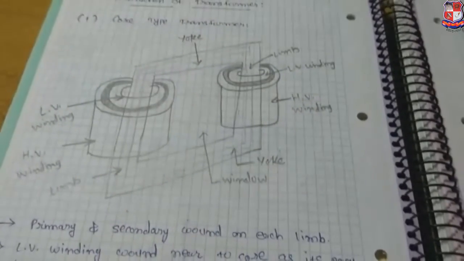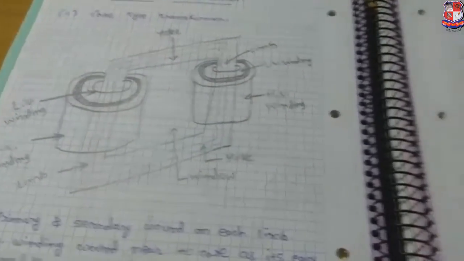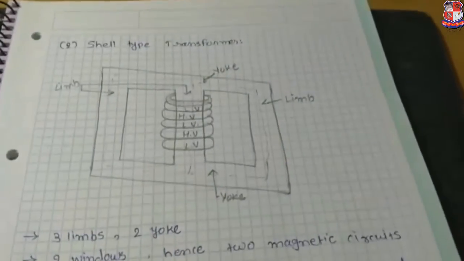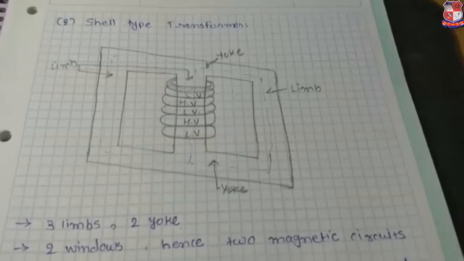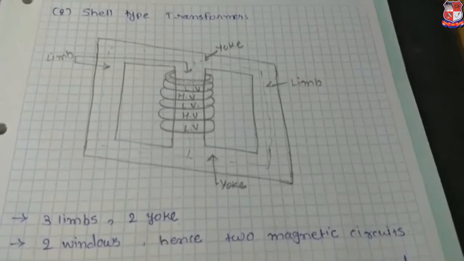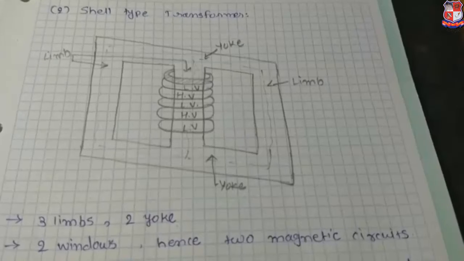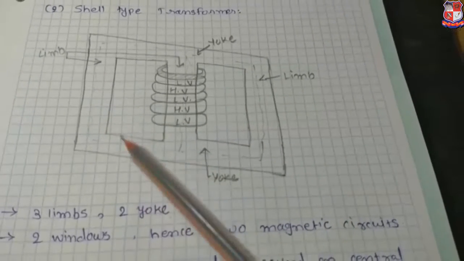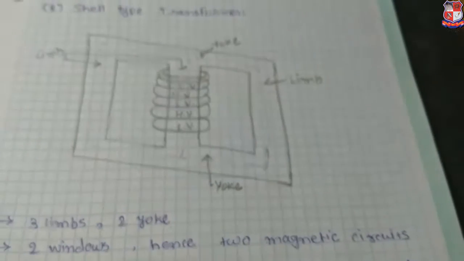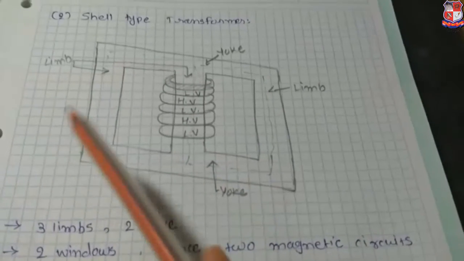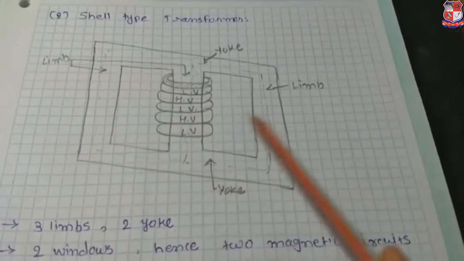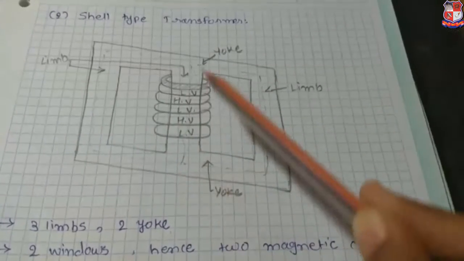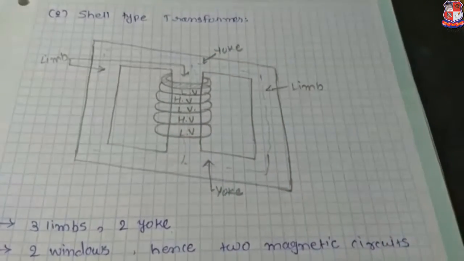Now the second one is the shell type transformer. In this figure you can easily see that the construction is different from the core type of transformer. There are 3 vertical sections in this transformer and 2 horizontal sections.